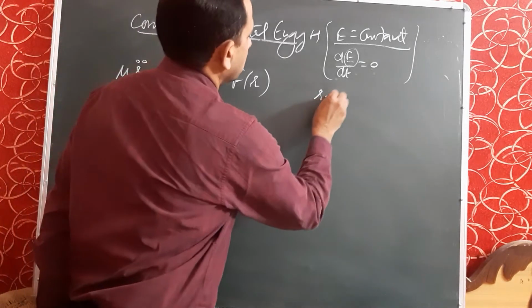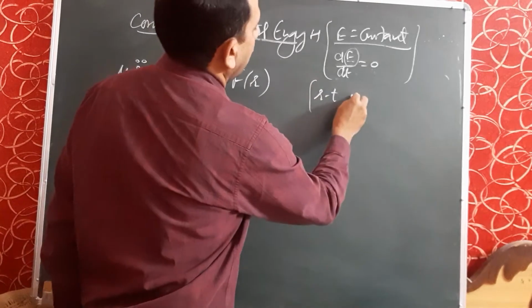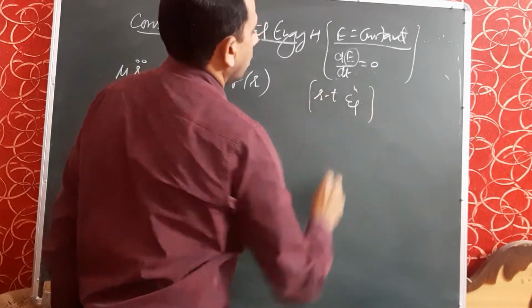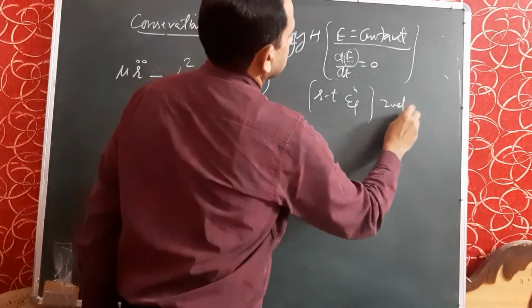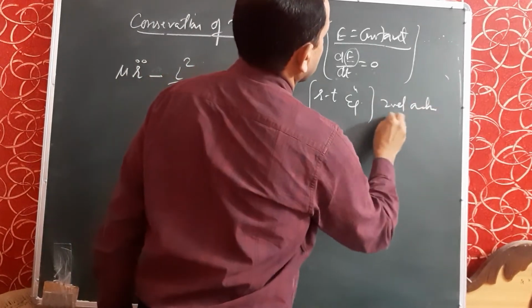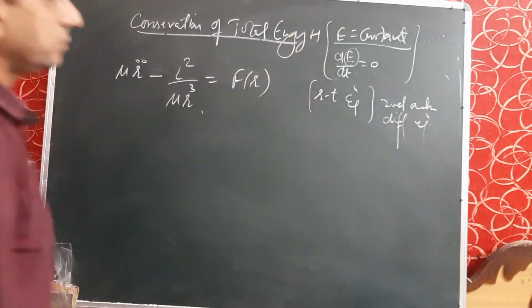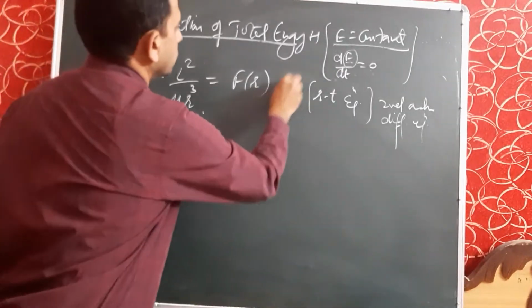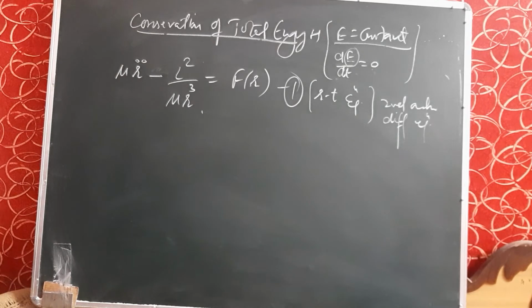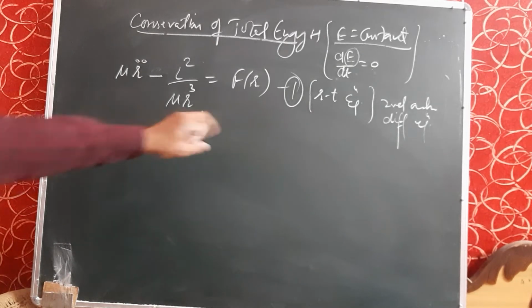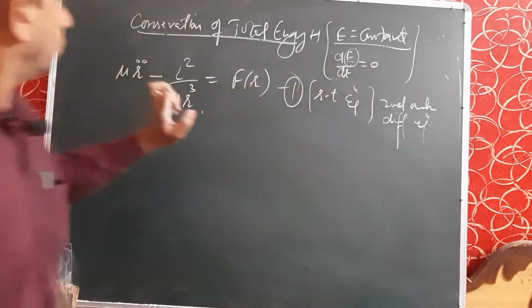So I have written this as RT equation or second order differential equation. Let this equation be number 1. So we will prove dE upon dt is equal to 0 from this equation.